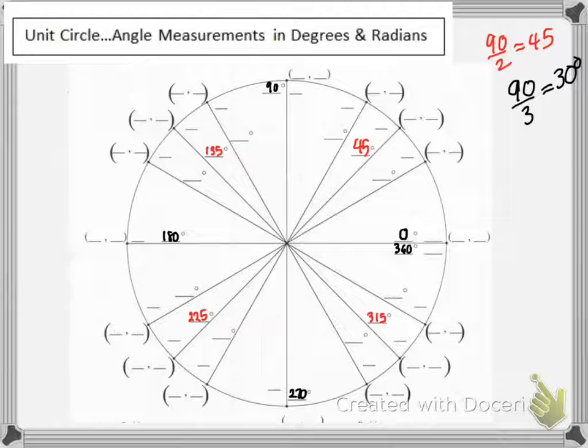Plus 30 degrees makes 30, plus 30 degrees makes 60 degrees, plus 30 degrees takes me to 90, plus 30 degrees takes me to 120 degrees, plus 30 degrees takes me to 150 degrees, plus 30 degrees takes me to 180, plus 30 degrees takes me to 210 degrees, plus 30 degrees takes me to 240 degrees, plus 30 degrees takes me to 270 at the bottom, plus 30 degrees takes me to 300 degrees, plus 30 degrees takes me to 330 degrees, plus 30 degrees takes me to 360 degrees. I think most of us can do that okay.